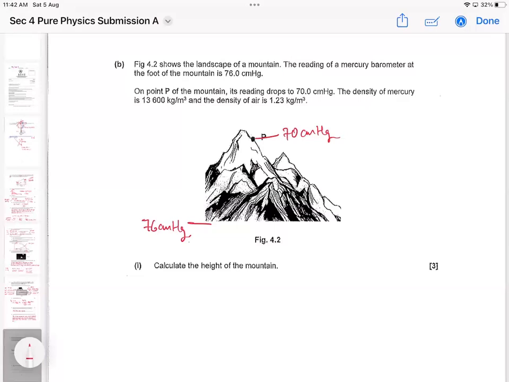Okay, it's called air. There's more air at the bottom than at the top, the column of air that we're talking about.